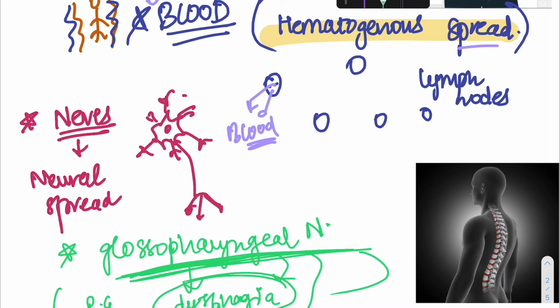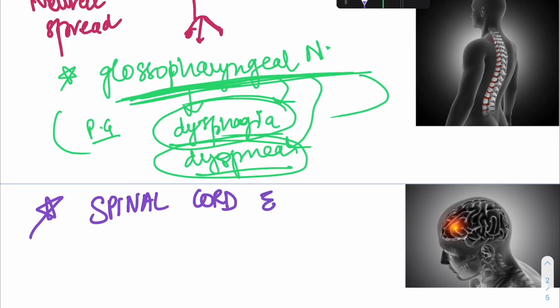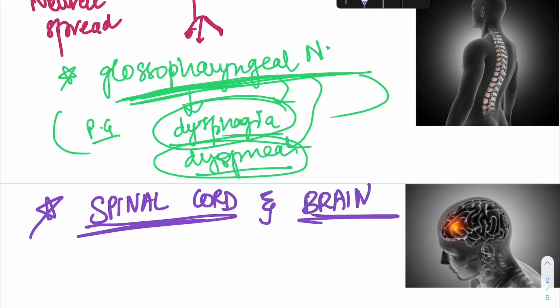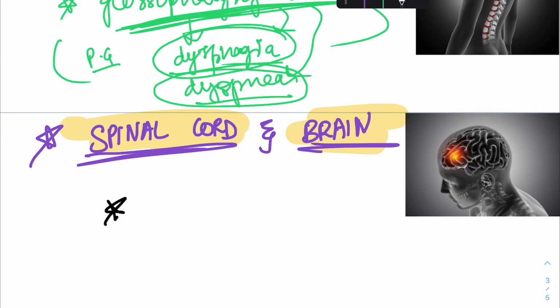Now, once this is done, where does the virus ultimately spread to? Where does it ultimately go to, and what does it affect? So finally, this virus spreads to the spinal cord and to the brain. Spinal cord and the brain. And that is why the most important thing that happens in this disease is muscle weakness.